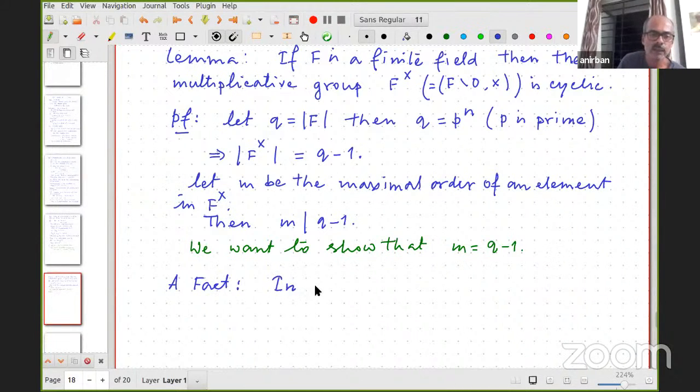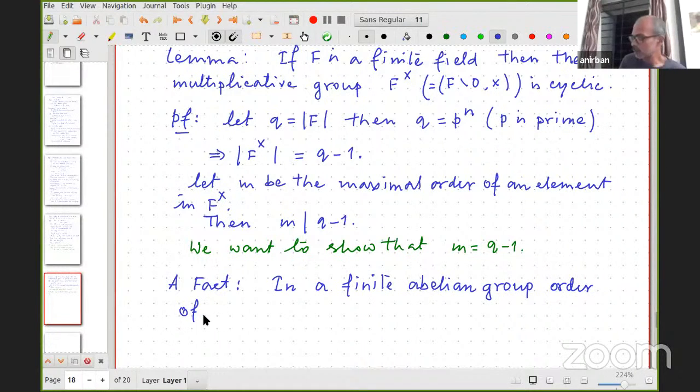In a finite abelian group, the order of any element divides the maximal order.